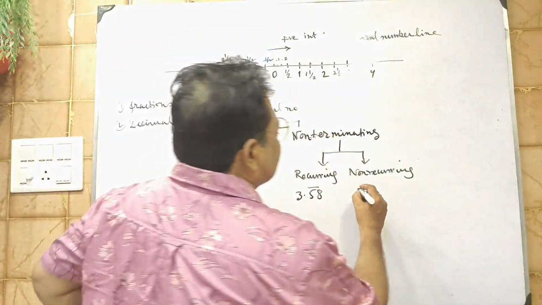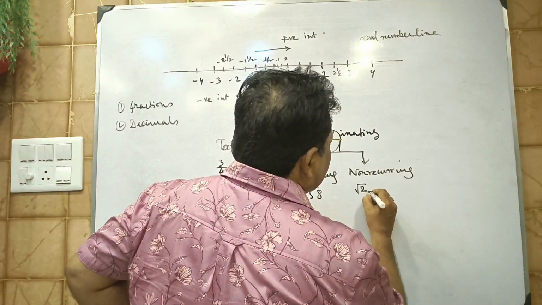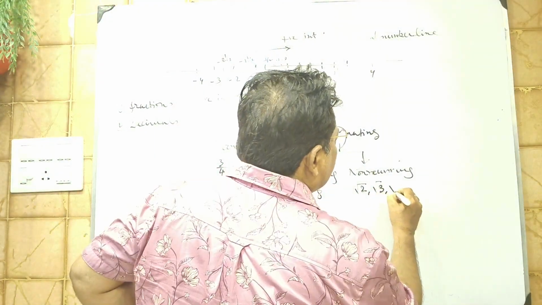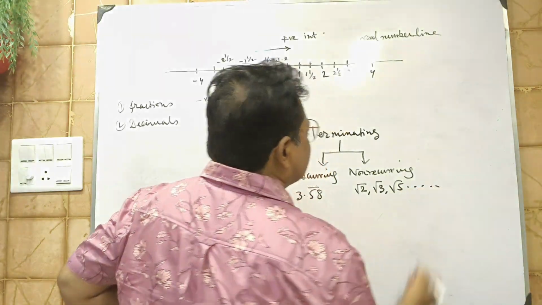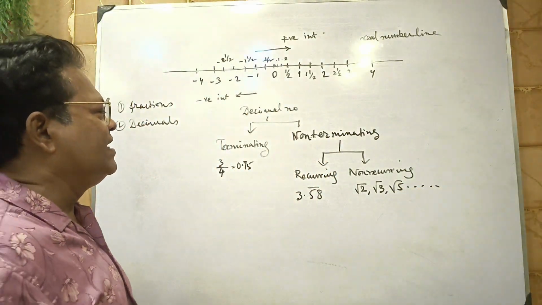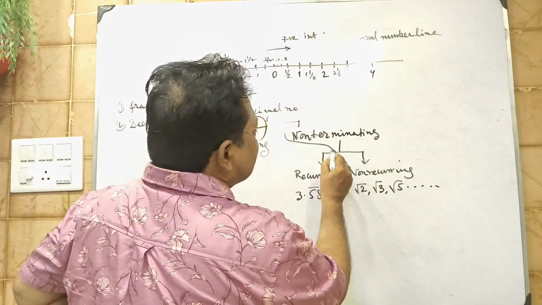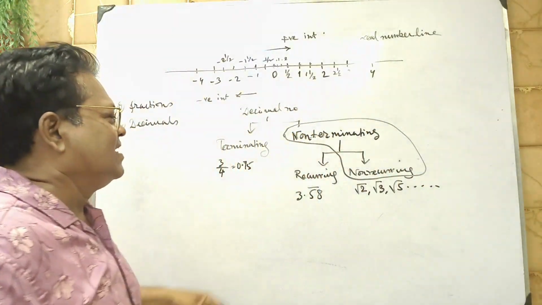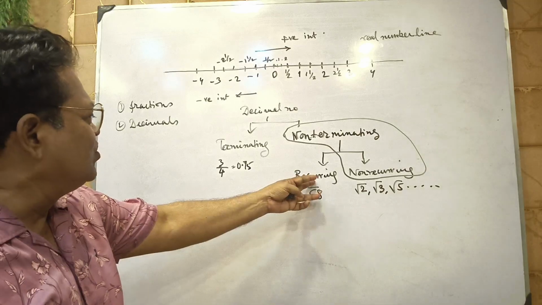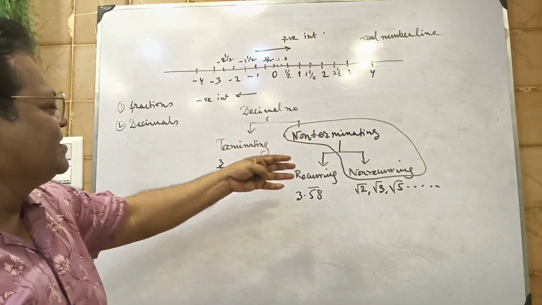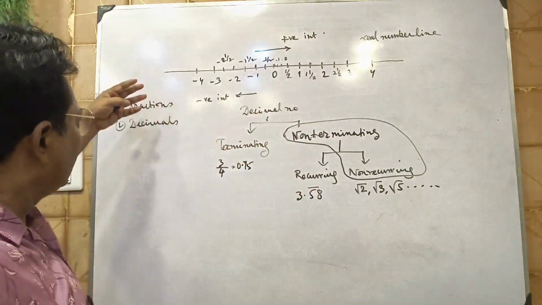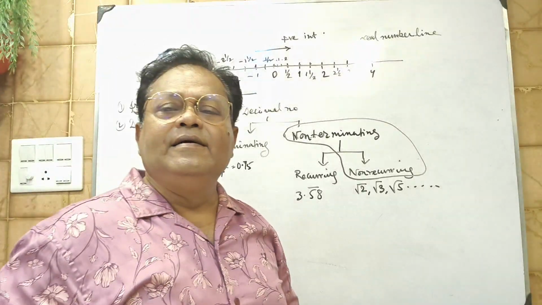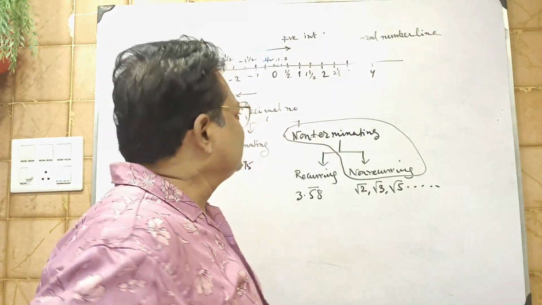Non-terminating and non-recurring decimals are what I have discussed previously: root 2, root 3, root 5, etc. These types of numbers are only irrational numbers. Other than this, terminating decimals and recurring decimals, all other numbers are rational numbers.